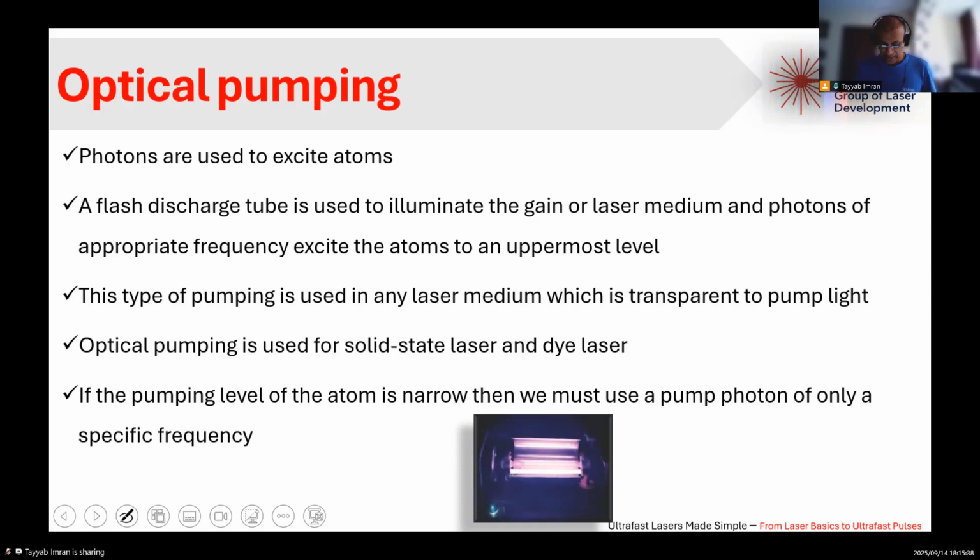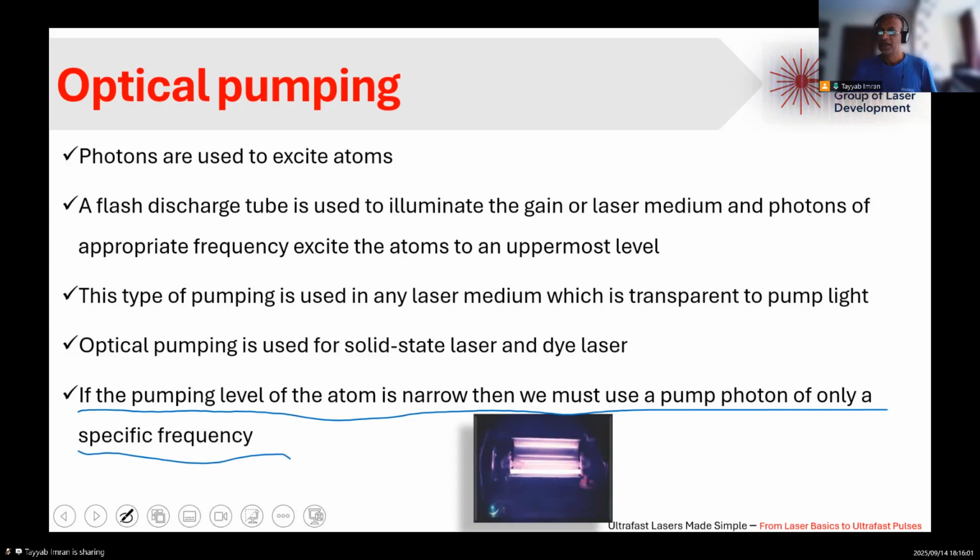And the last point here is very important. If the pumping level of the atom is narrow, the highest level, we must use a pump photon of only a specific frequency.